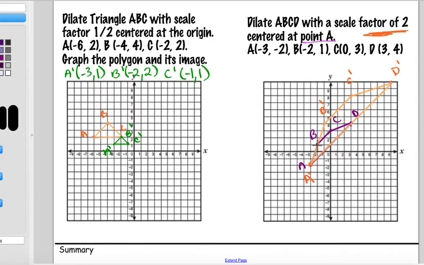The side A prime B prime is twice the length of AB. From B prime to C prime, you should be able to count and use the slope to tell that it's double the length of BC. And C prime to D prime will be double the length that it is from C to D. So here is a dilation that's not centered at the origin. It was centered at A.